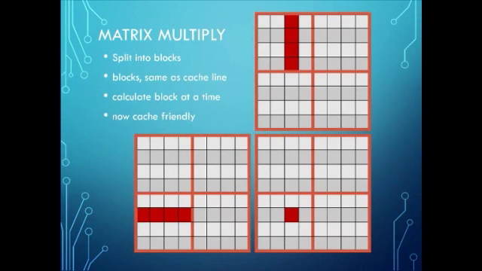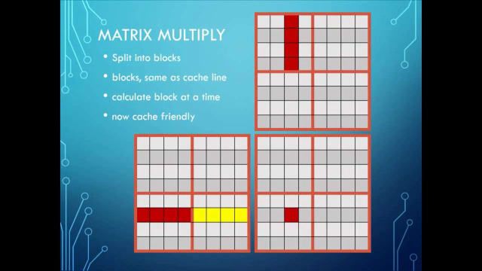Then to completely compute that particular resultant matrix element, it won't be done until we do this row times this column and that chunk and add that into the result matrix.